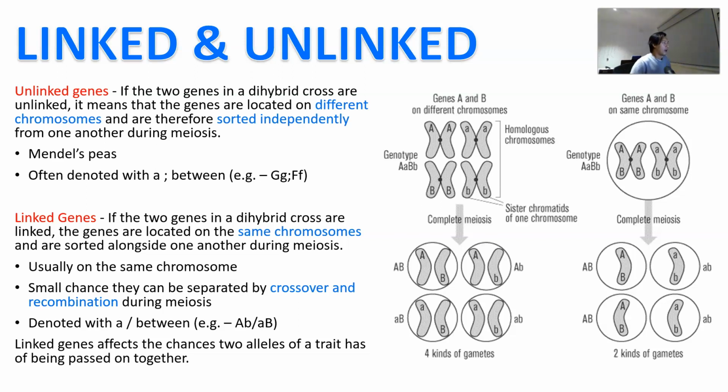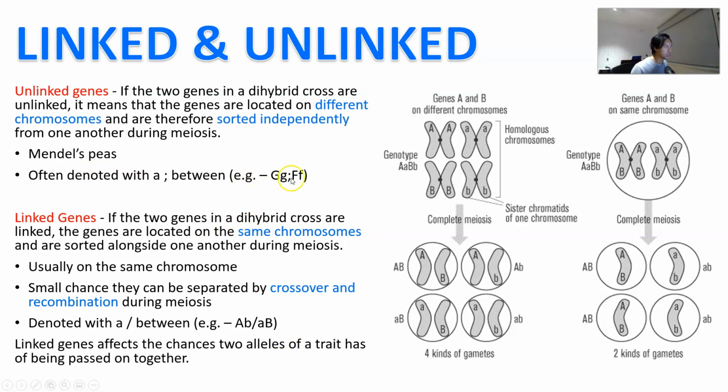However, if they are linked genes, the two genes are on the same chromosome, which means most likely they're going to appear together, with a very small chance of being separated due to crossover and recombination and the shuffling of genes during meiosis, right? So linked genes affect the chances that the two alleles are going to be passed on either together or separately, right?